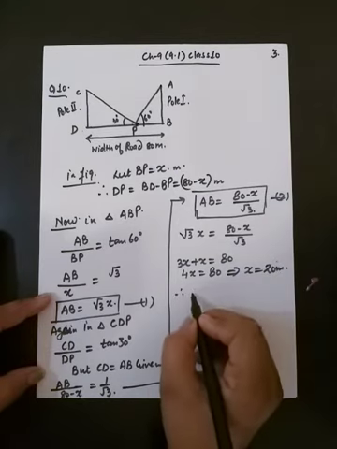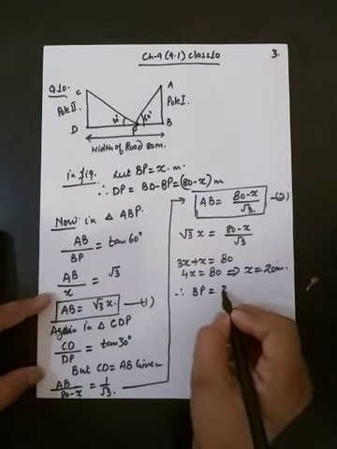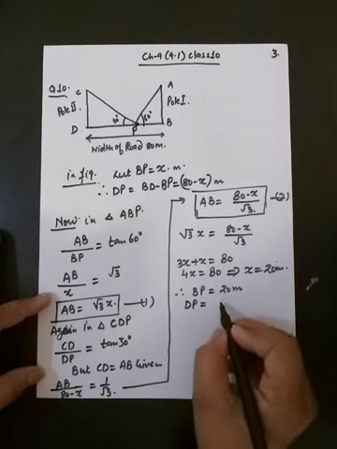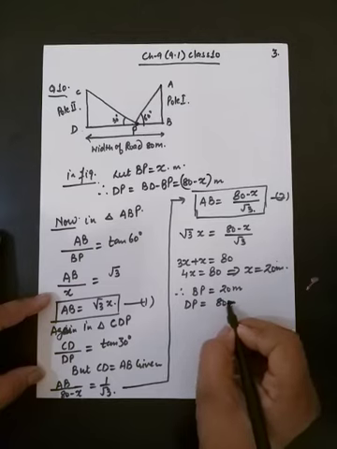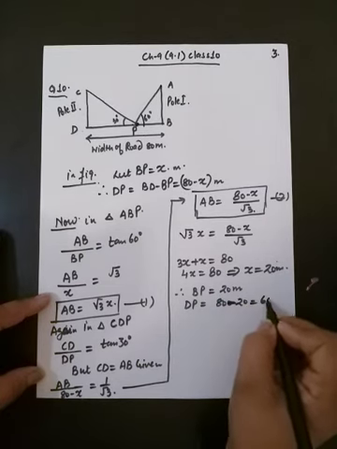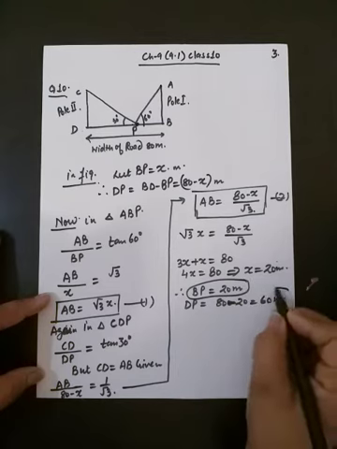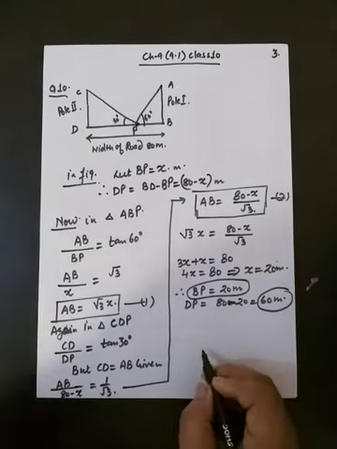So therefore BP is equal to 20 meter and DP will be 80 minus 20, which is 60 meter. So these two are the distances of the poles from the point.